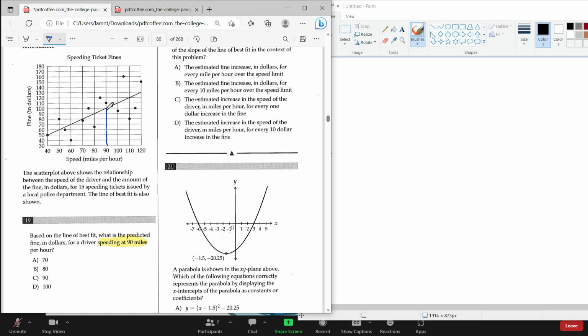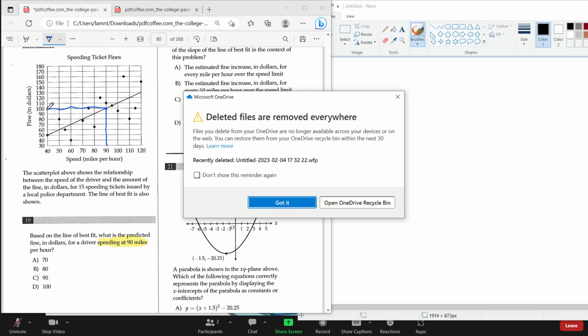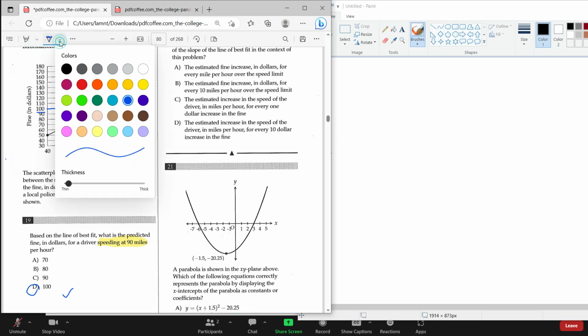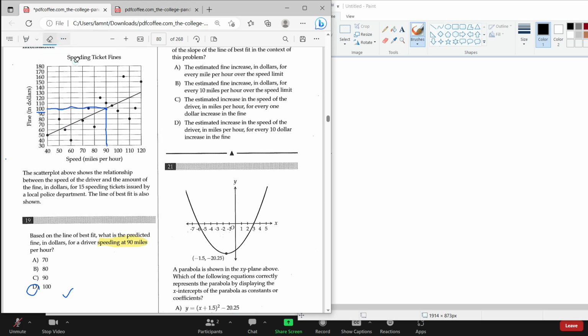It touches the best fit line right here, and then we're gonna go horizontally, so we can see that this horizontal line meets the fine axis at 100. So the answer for 19 is gonna be D, 100. And let me erase the check out there because we haven't checked it yet.